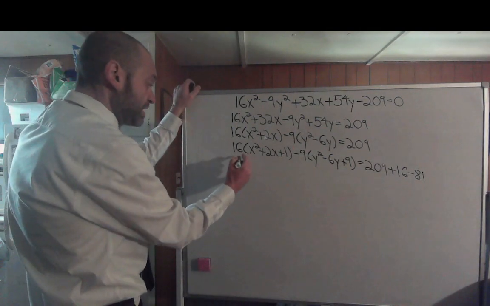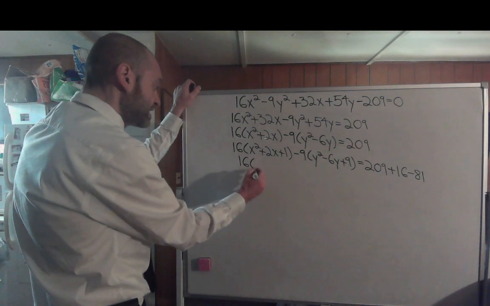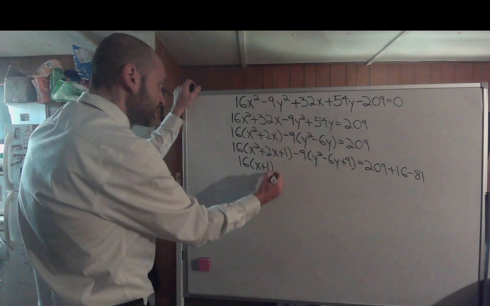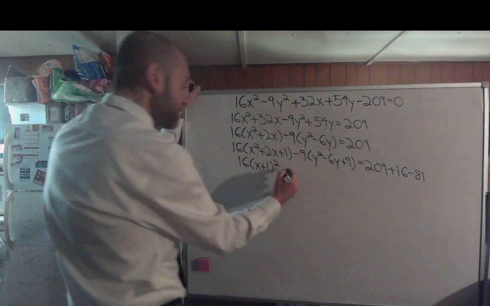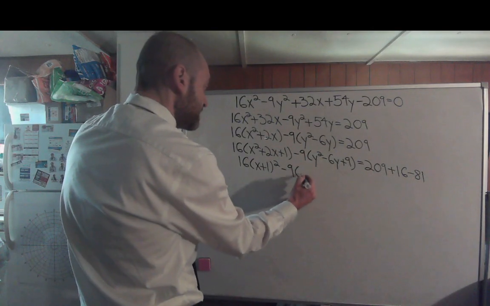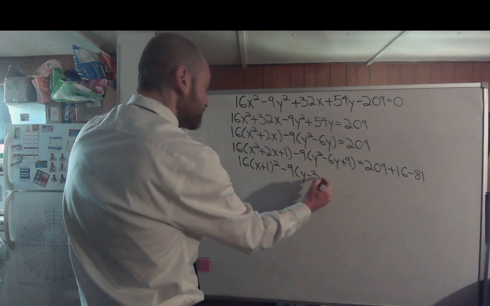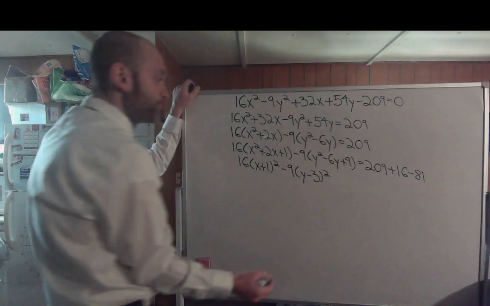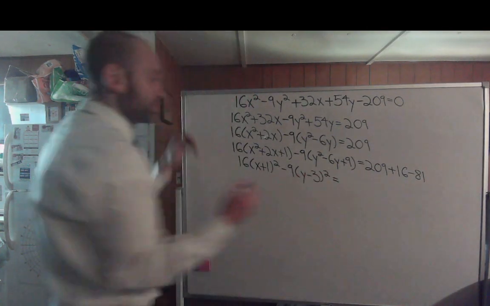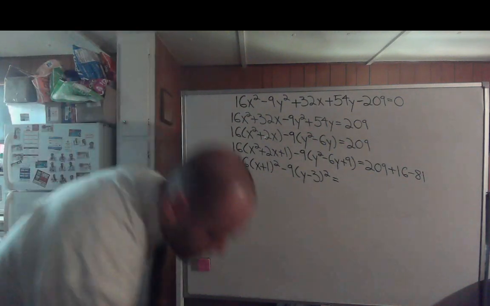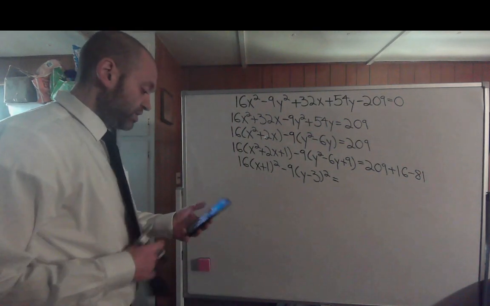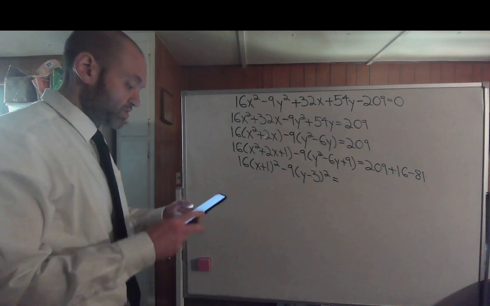Let's simplify now. This will become 16 times x plus 1 quantity squared minus 9 times y minus 3 quantity squared is equal to this 209 plus 16 minus 81. I have a pretty good idea of what it's going to be, but I just want to double check.